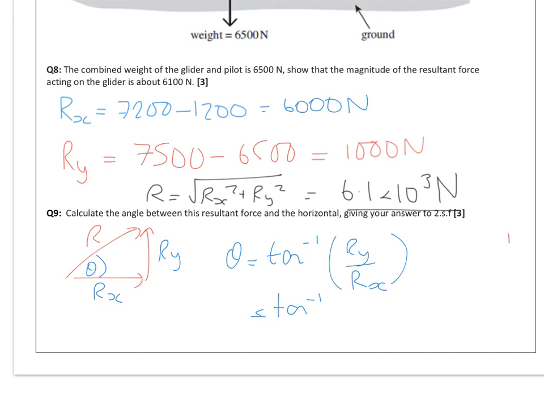So the inverse tan, y was 1,000, x was 6,000. So let's do that. 1,000 divided by 6,000. Inverse tan of answer gives you 9.5 degrees. And that concludes the benchmark review. I hope you found that useful, and we'll move on.